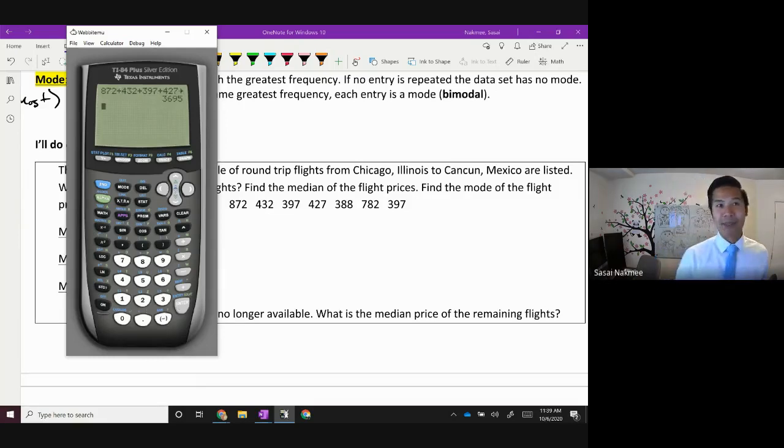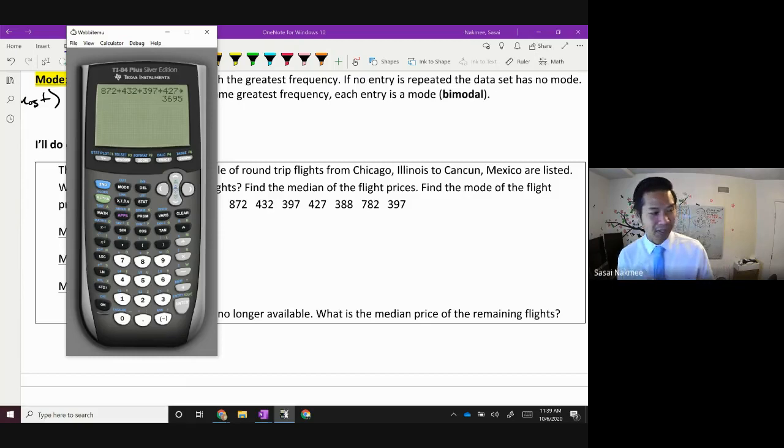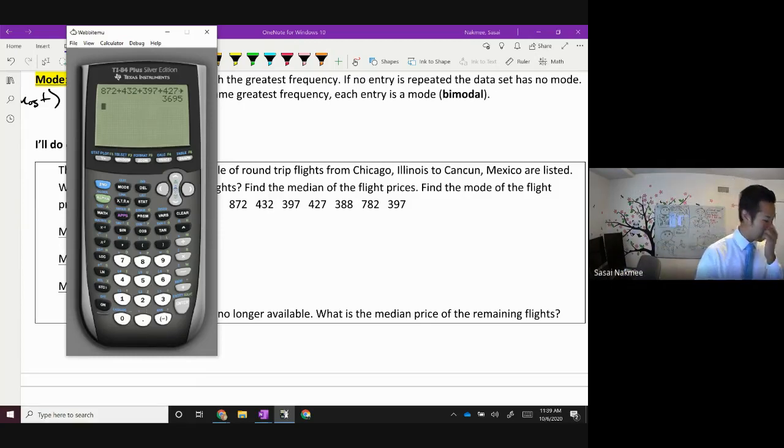That is not my average, first of all, right? Hopefully you understand that that is the sum of all my data points. And how many data points do we have listed here for the sample? How many numbers do I have listed here? 1, 2, 3, 4, 5, 6, 7 numbers in total. I would take my sum and divide it by 7, right?